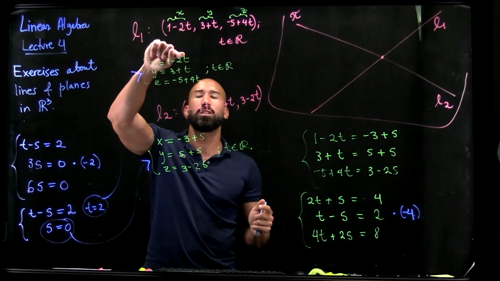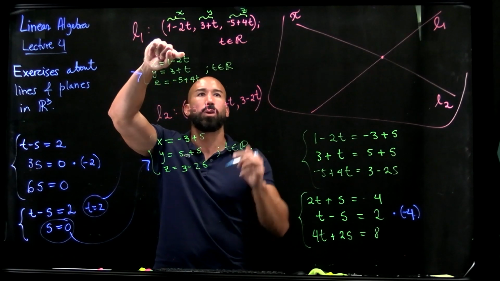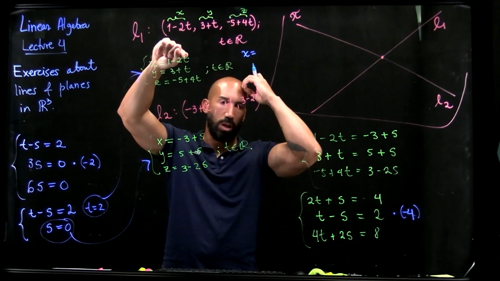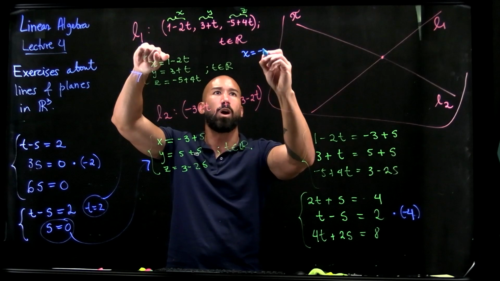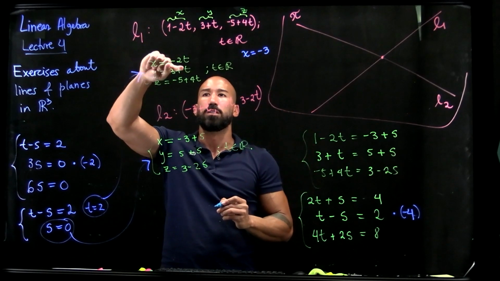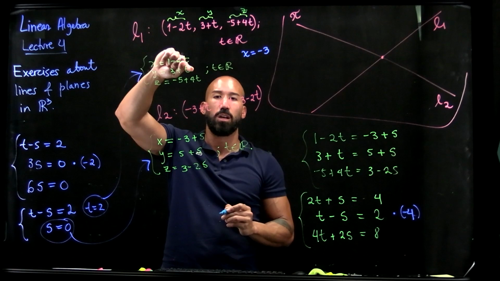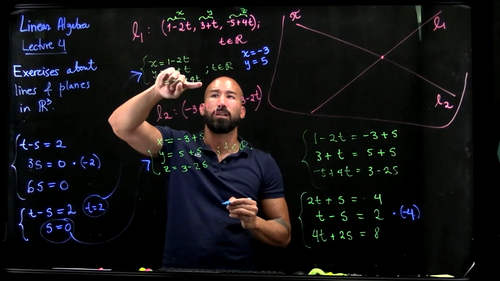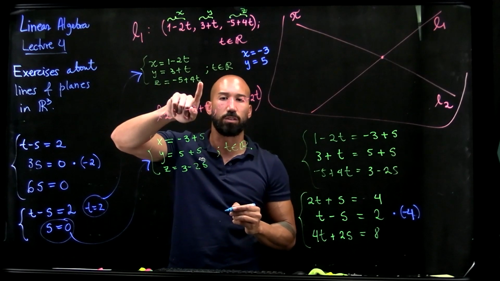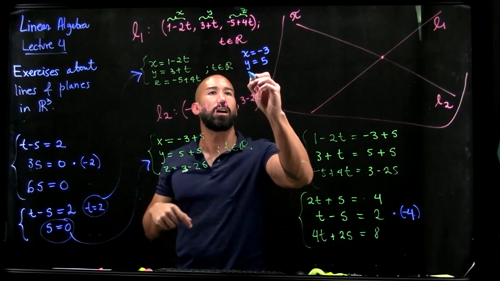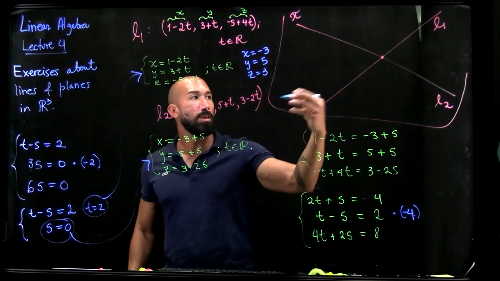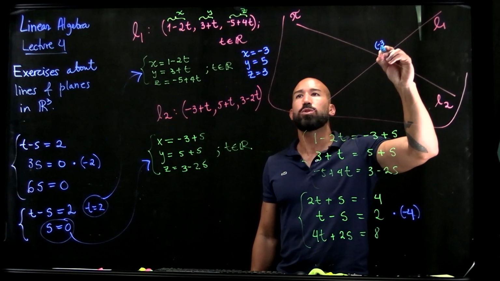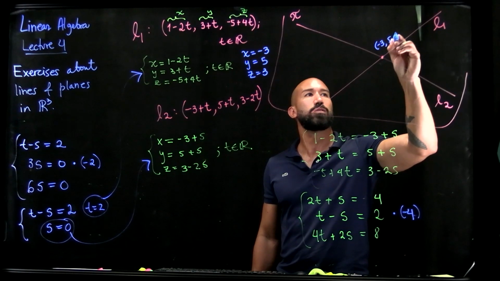Or if I use t equals 2 here, what are we going to get? X equals minus 2 times 2 minus 4 plus 1, minus 3. T is 2, 3 plus 2 is 5, so y is 5. T is 2, so 4 times 2, 8 minus 5 is 3. That means that this intersection point is minus 3, 5, 3.